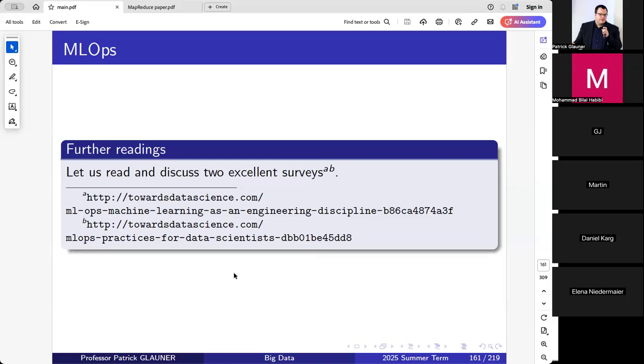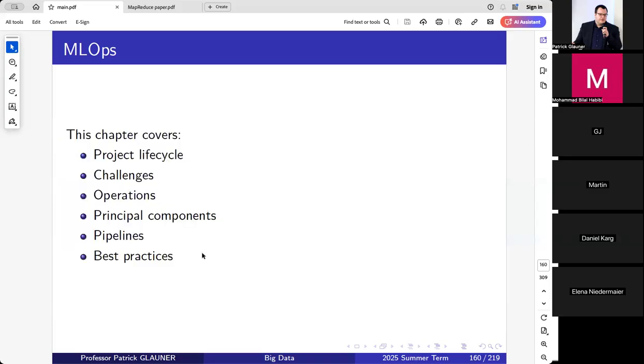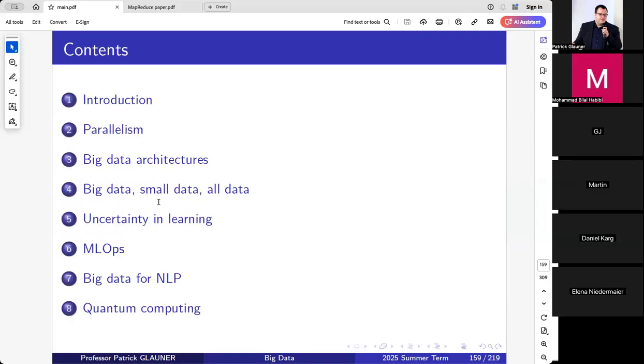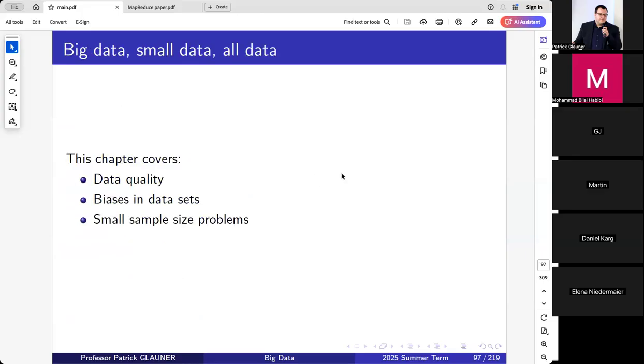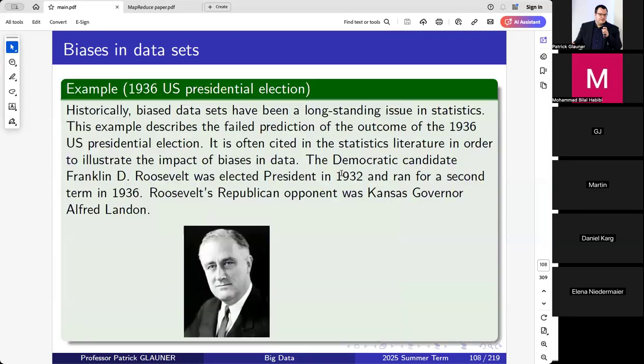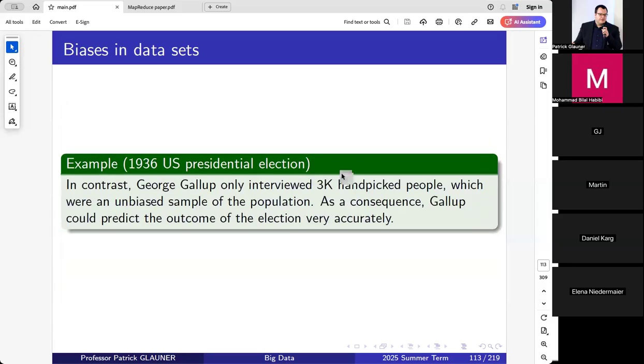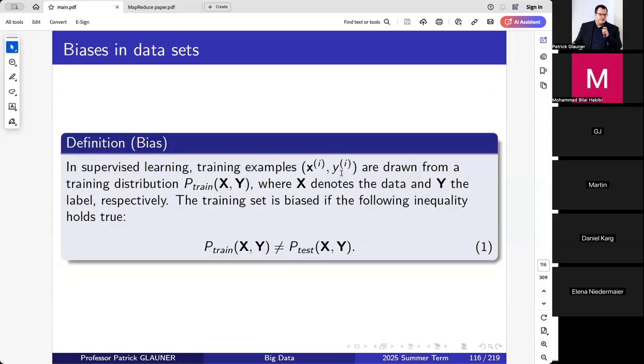So in order to make an informed choice for your seminar topic, maybe read these 2 references here about MLOps. This could help you to make a better choice. And then next week, we continue with the biases that we've just started and discuss them from a mathematical perspective and look into a few other things. If there are no more questions, we're done for today, and see you next week in the lecture.